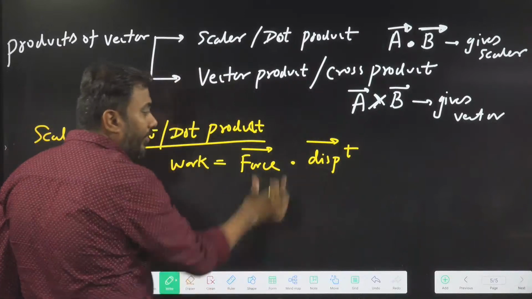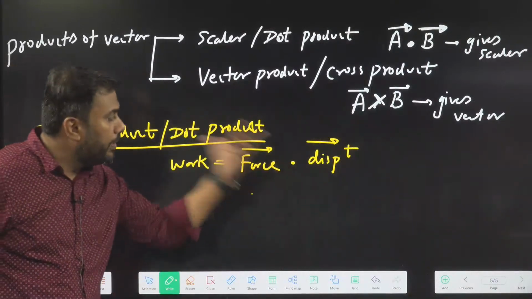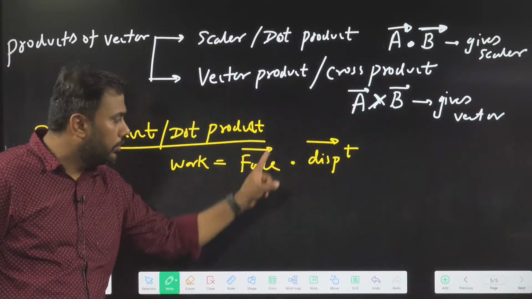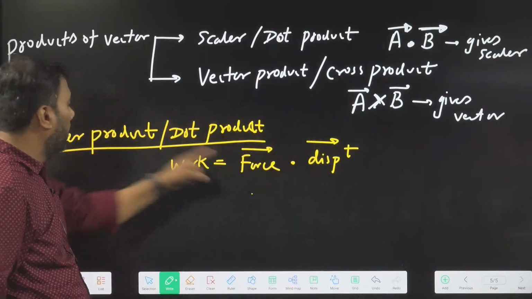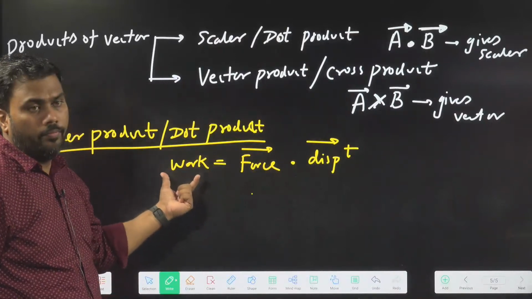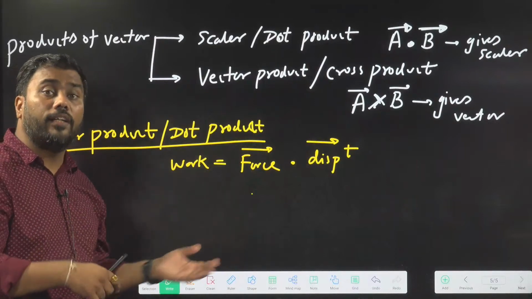In these cases, we observe that they are multiplied by dot product. Force dot displacement: force and displacement are multiplied scalarly, and they give you a scalar number. So in nature, in our physics, we observe that vectors are multiplied in two ways.